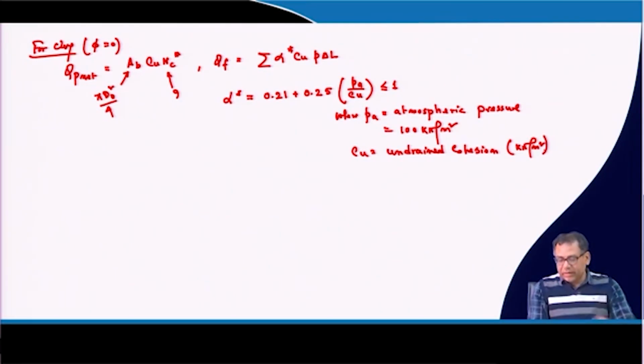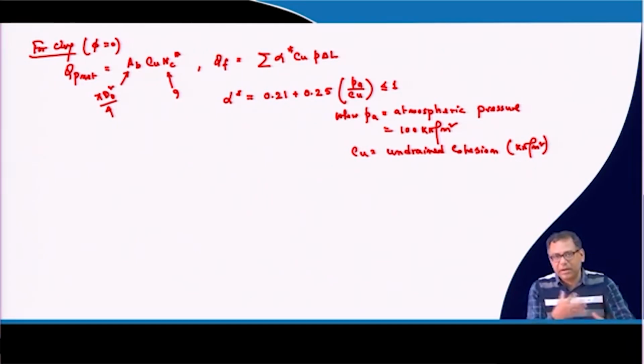So, if I know the undrained cohesion of the soil, then we can put this value here, P A is always 100 kilonewton per meter square, then we will get the alpha dash value and that should be less than 1. So, this way we can calculate the alpha dash for different layers.